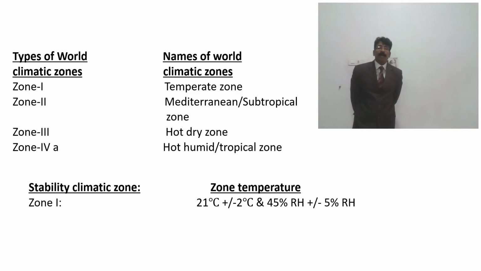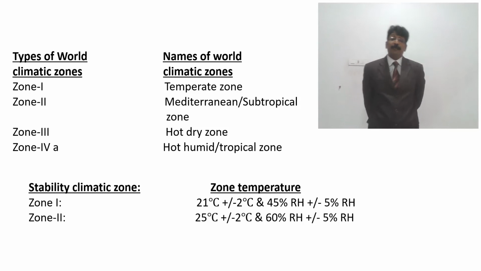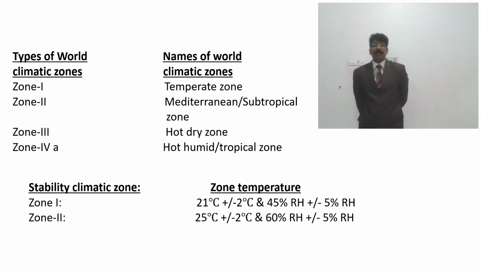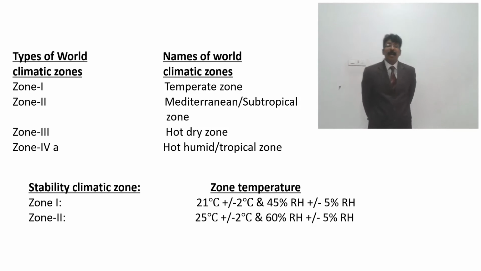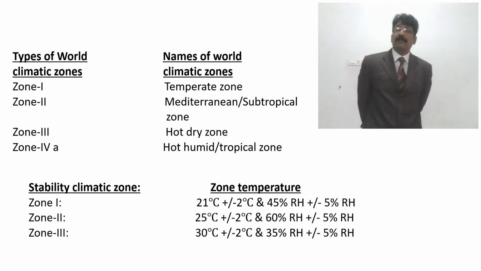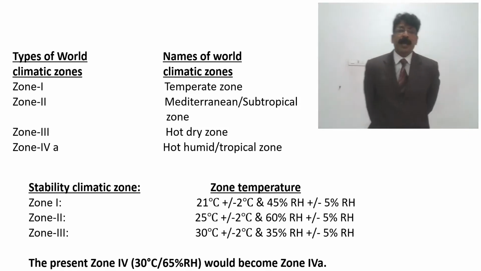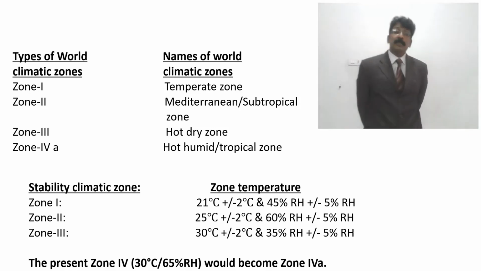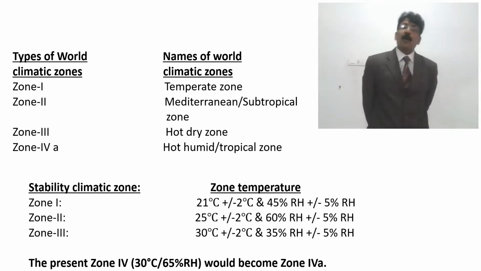Zone 1 is usually 21 degrees centigrade and humidity 45 percent, zone 2 is 25 degrees centigrade and 60 percent relative humidity, and zone 3 is 30 degrees centigrade and 35 percent relative humidity. And the present zone 4A, before it was 4, is 30 degrees centigrade and 65 relative humidity. This is what they have given by the WHO.